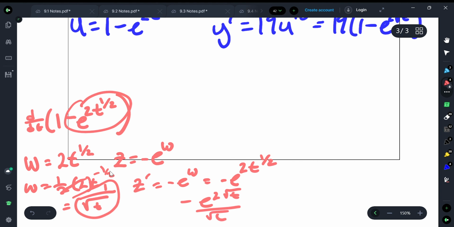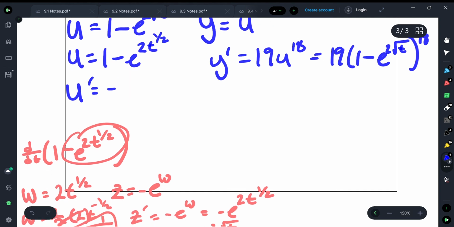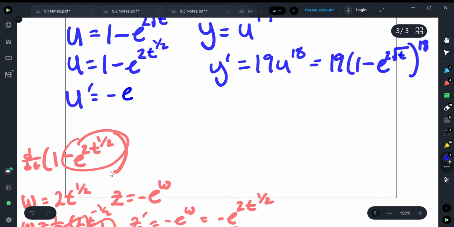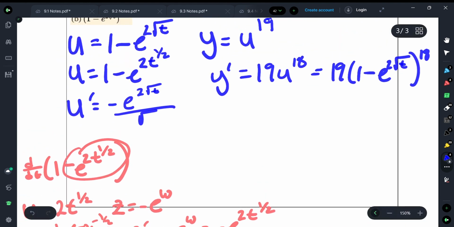all over this here. So as we come back here, we're going to say that the derivative of 1 is that, and so I'm going to have negative e to the 2 square root t over the square root of t. So we got to multiply these together.